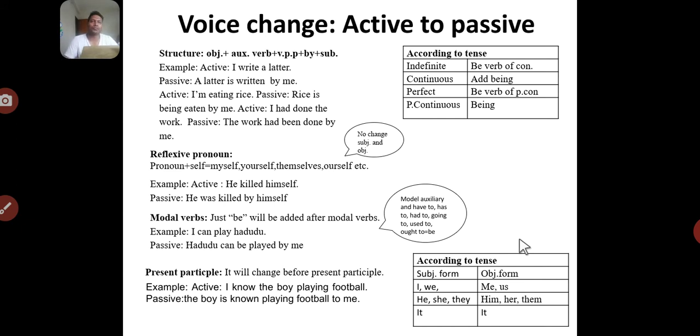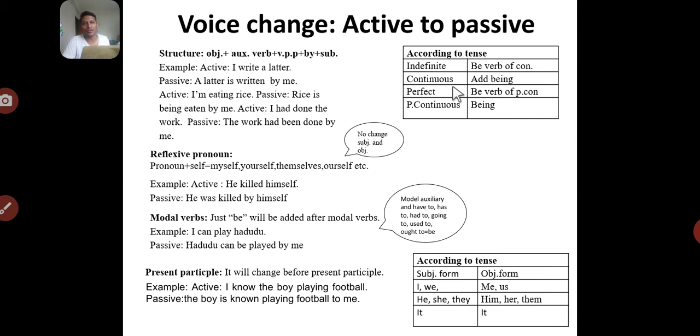active to passive voice. There are also some examples given below, like I am eating rice. The passive form is rice is being eaten by me. Here we use being. Why? Because the sentence is continuous.